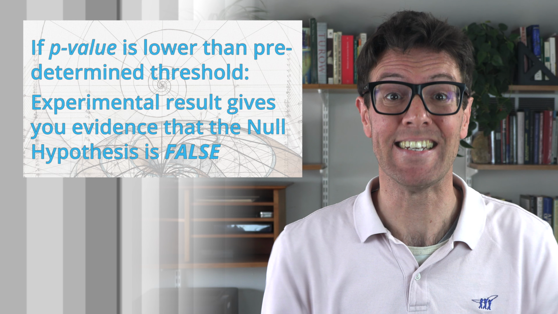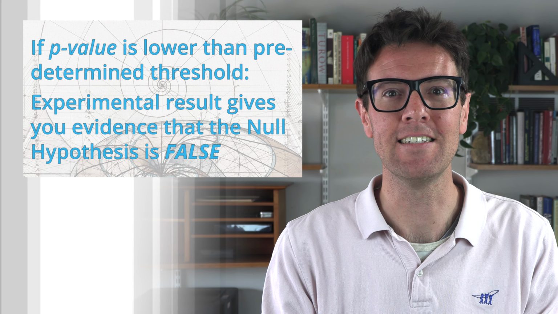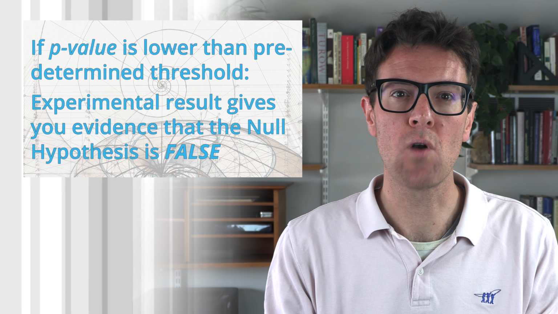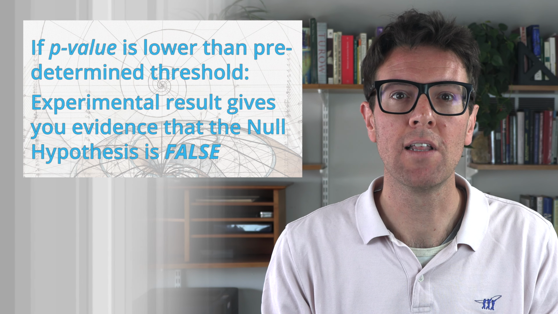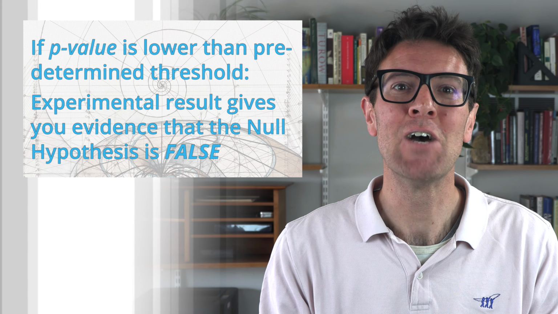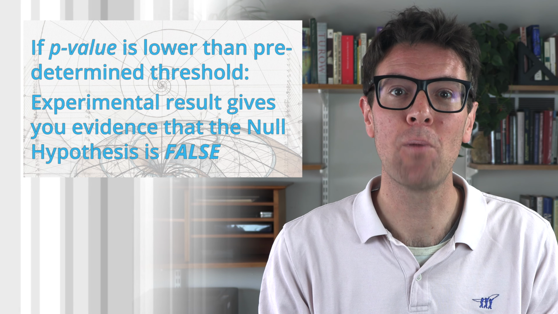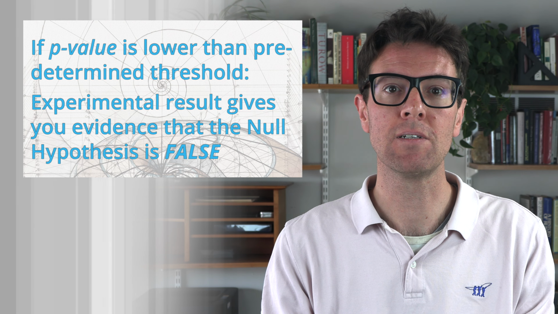But we did get this data, so this experimental result is statistically significant and counts as evidence against the null hypothesis. Typically, we say that if the result is lower than the specified significance level, we reject the null hypothesis and instead accept the hypothesis we are studying, often called the alternative hypothesis.